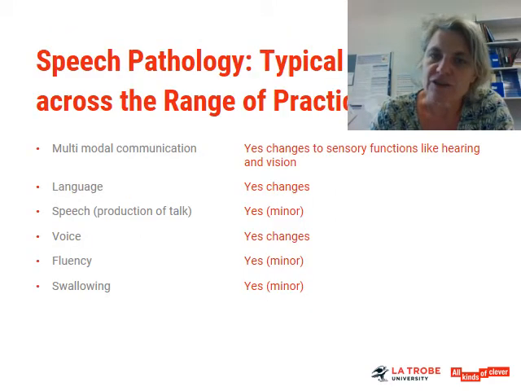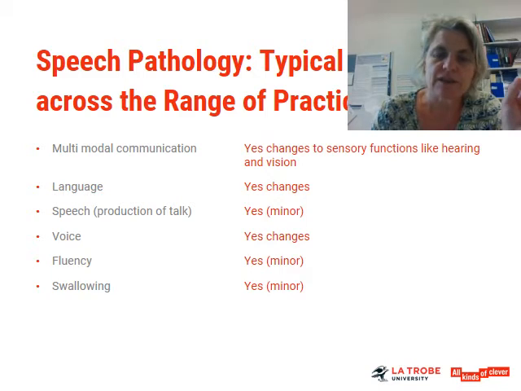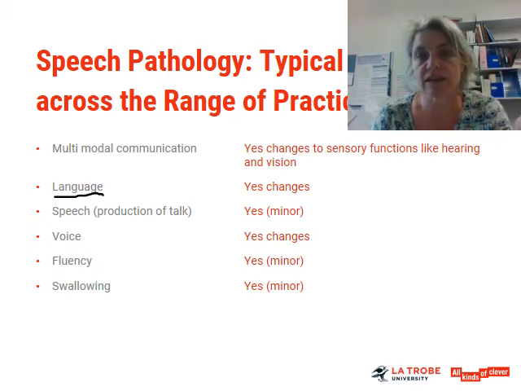Okay, so to finish off, just to summarise what we've talked about in terms of typical ageing, we've talked about changes in language in terms of verbal fluency as well as storytelling abilities, also called discourse abilities.